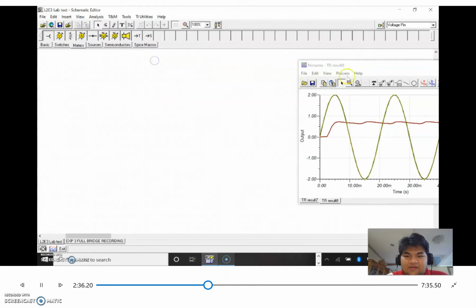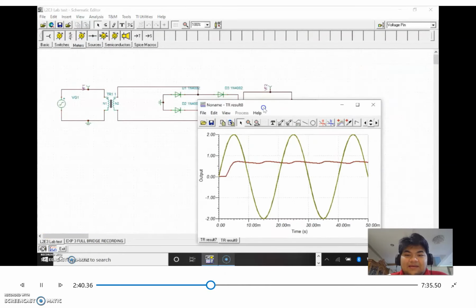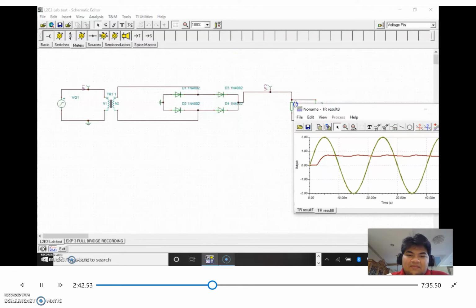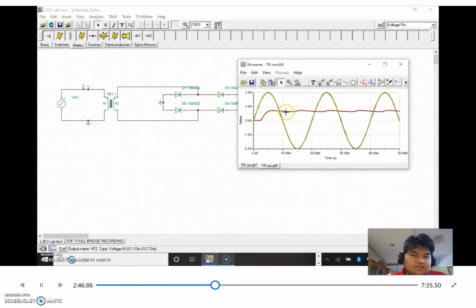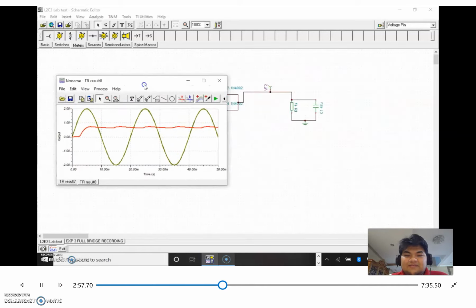However, as you can see, there is still a lot of ripple. The ripples are still there. As you can see, there is the V output. It is okay, but it still has very obvious ripples.